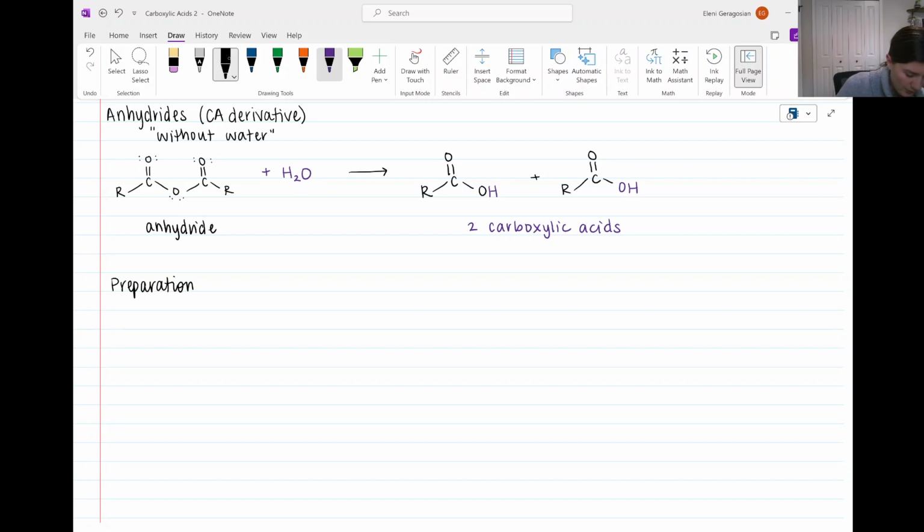So we'll say preparation with a strong drying agent. We'll start with a carboxylic acid, and then we'll add a strong drying agent.